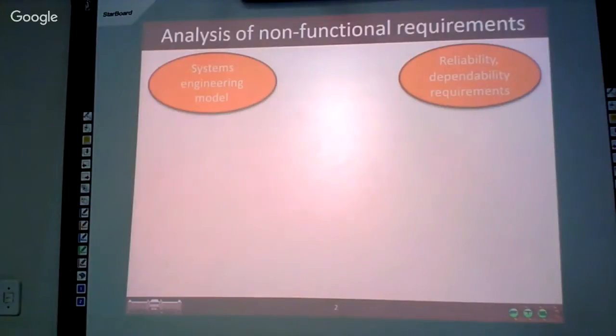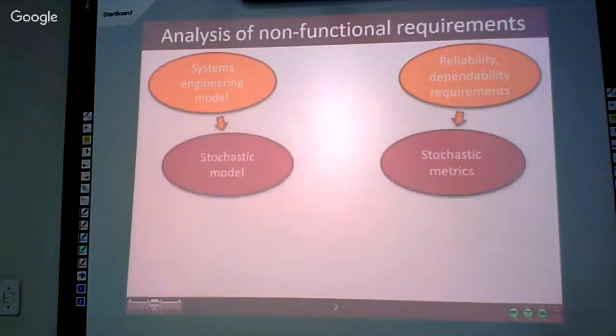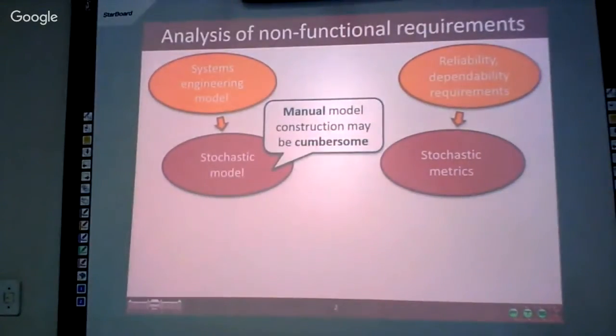In this case, we have the systems engineering model and the reliability and dependability requirements. And from this, we have to create a stochastic model from the systems engineering model and the stochastic metrics according to our requirements.